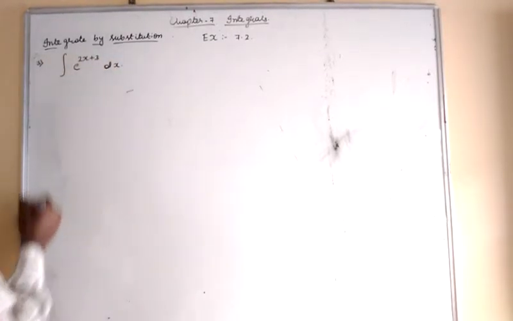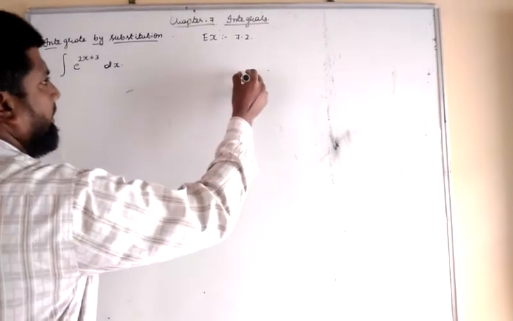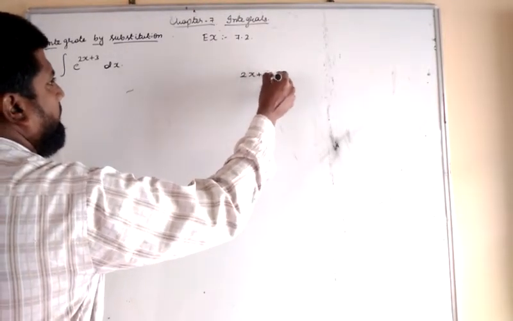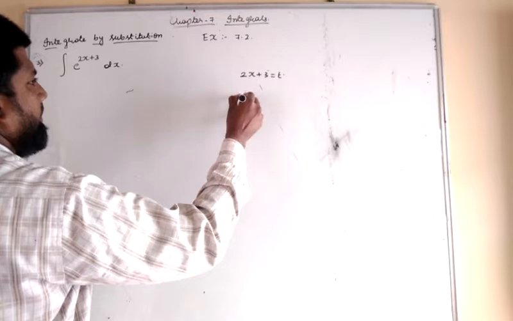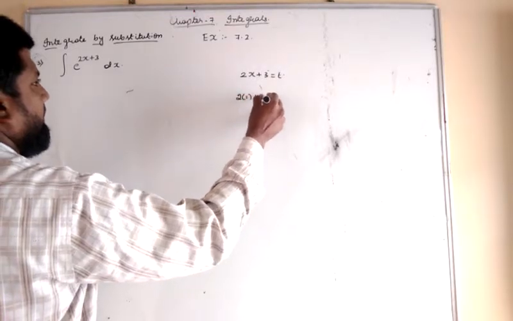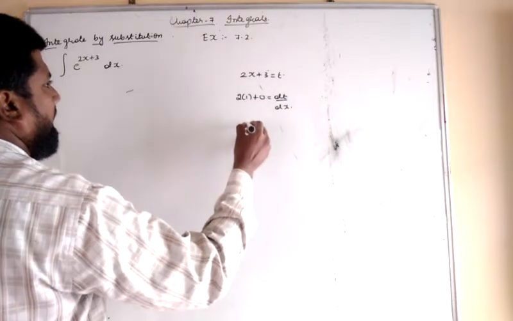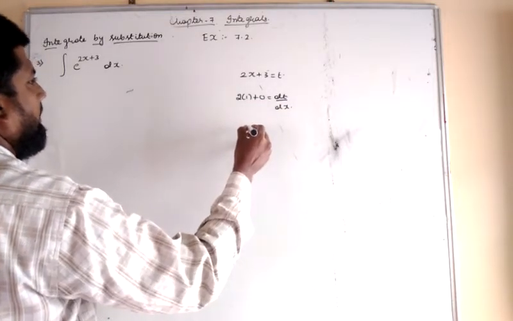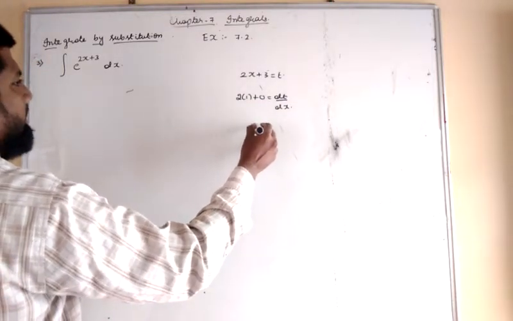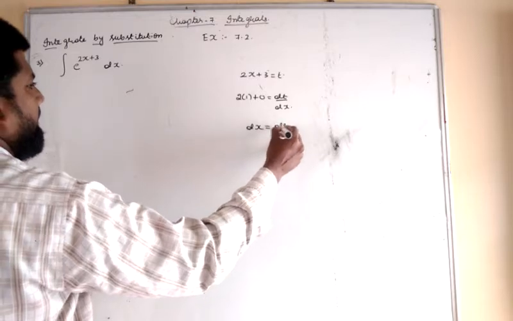Here let us substitute 2x plus 3 is equal to t. 2 is a constant, x differentiation is 1, 3 is a constant so 0, then dt by dx, then dx is equal to dt by 2 you can write.